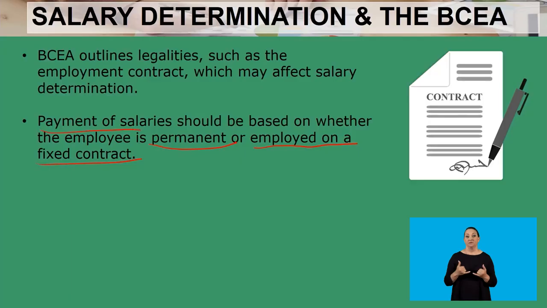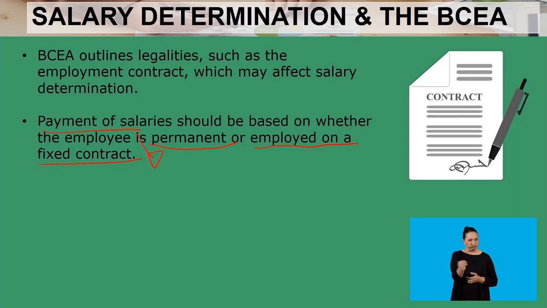That is a fixed contract. With permanent, you don't have to renew any contract. Unlike a fixed contract, where on the 31st of December the contract expires, and you might have to renew it, if the employer wants to renew it. So the payment of the salary is based on the nature of employment.